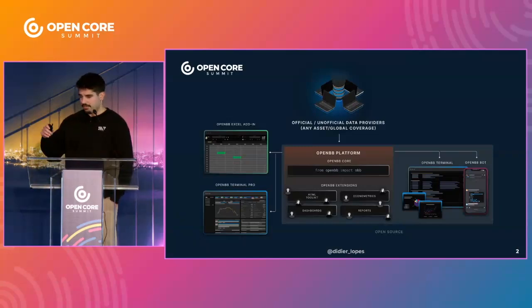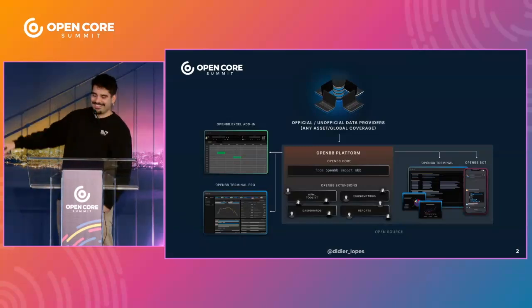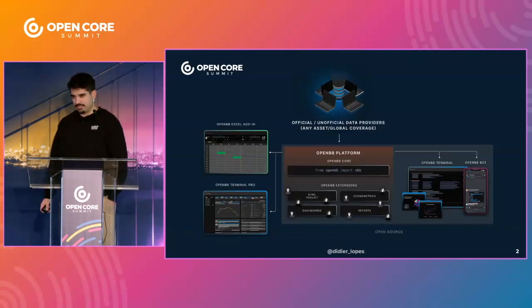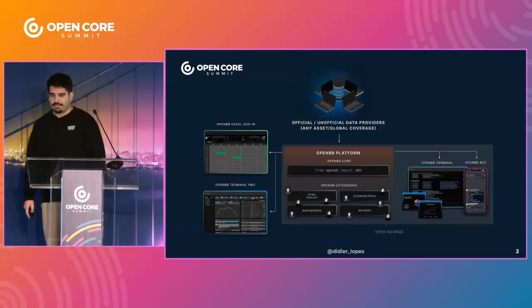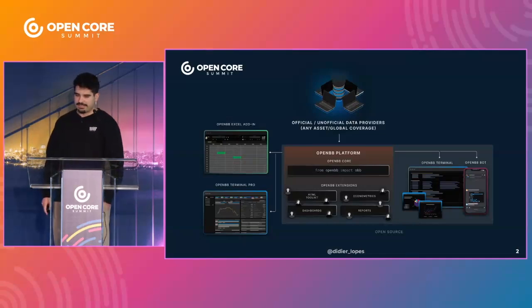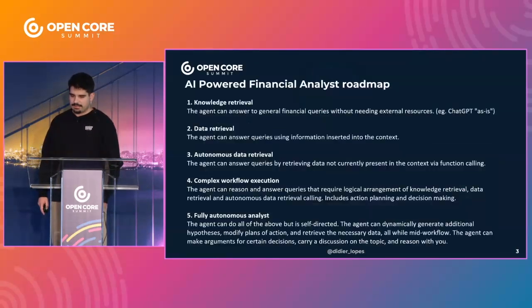And then on your left side, you have the Terminal Pro and the Excel add-in, which is our first enterprise product. And the Terminal Pro was actually released this week, the early alpha version. So, exciting time. But today I'm going to focus on the platform because that's what we use to build our AI-powered financial analyst. So let's get started.